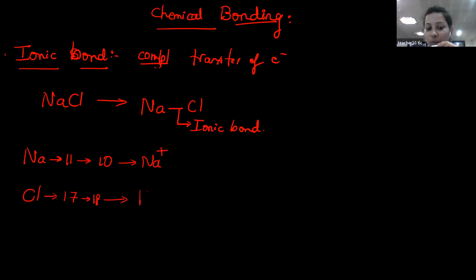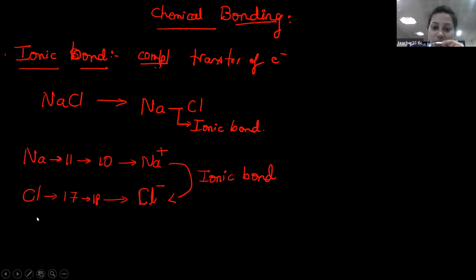If it gains one electron, it becomes Cl minus. That means one electron in sodium was completely shifted to chlorine, and the bond between this cation and anion is nothing but an ionic bond. Is this clear, students? This process is clear, right?